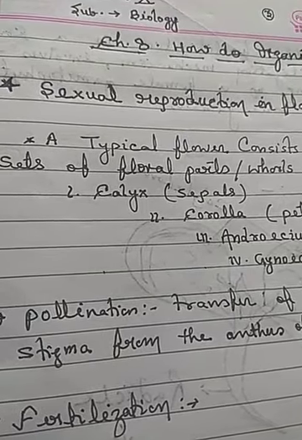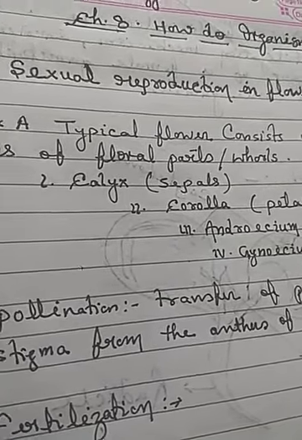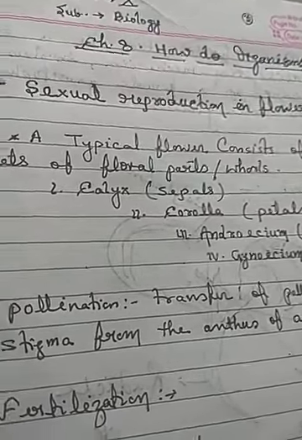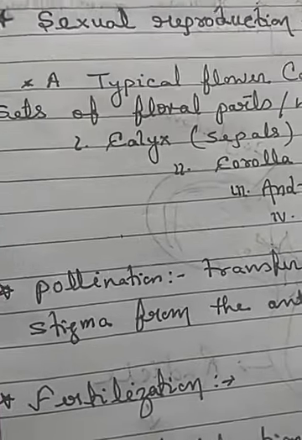Cross-pollination means from one flower to another. It means pollen grains from one flower move to the stigma of another flower. This type of pollination is called cross-pollination.